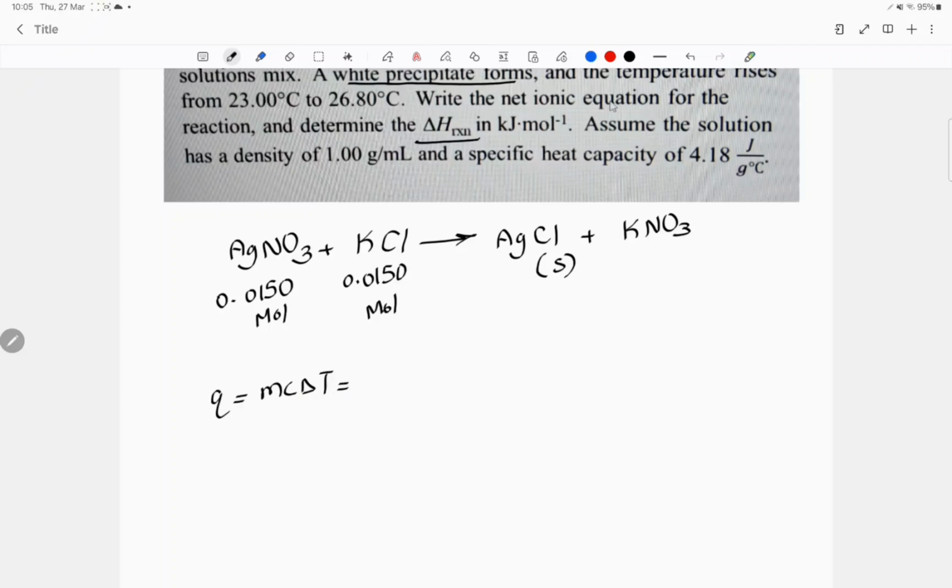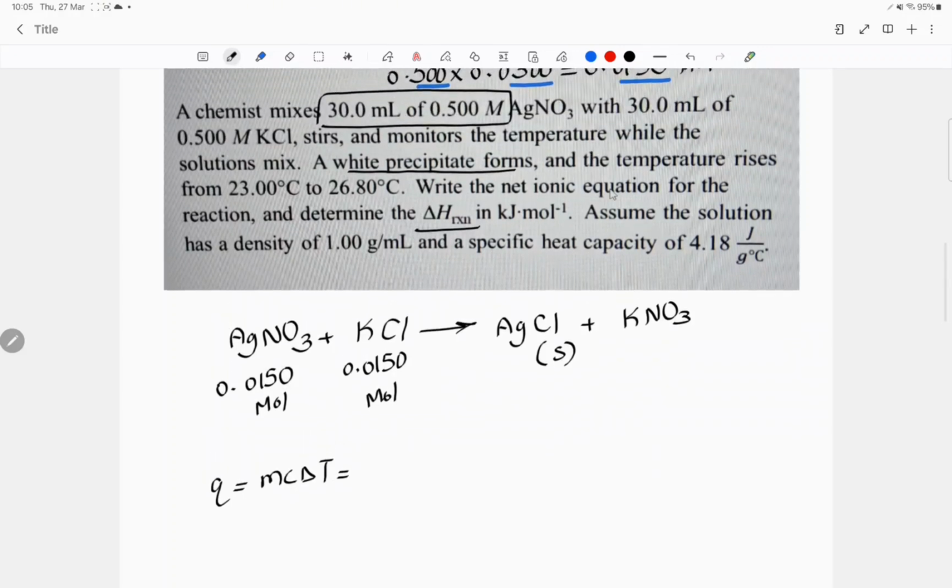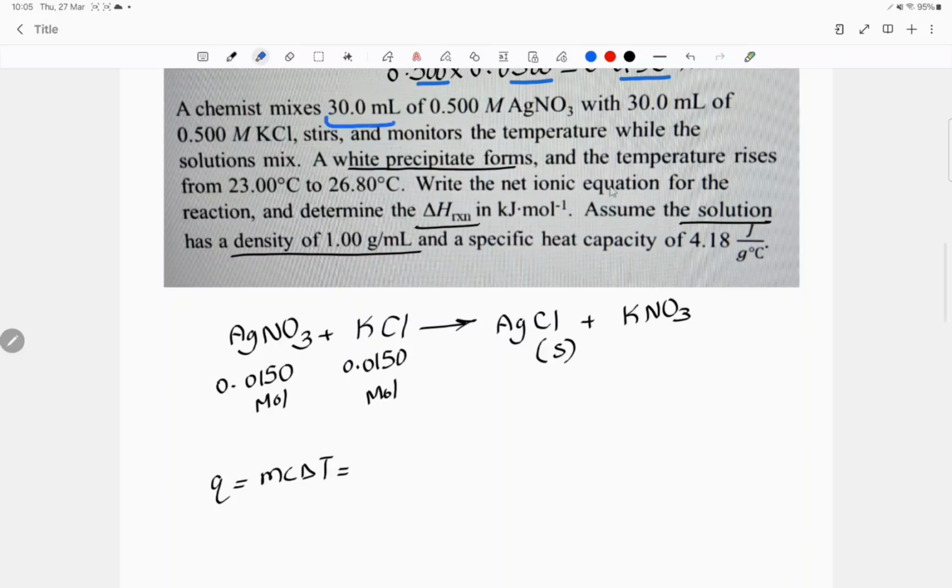But we don't have the mass, right? But here it says that the density is 1, right? Of the solution. Yeah, because we know the volume. We know the volume. And the volume is essentially mass when density is equal to 1.